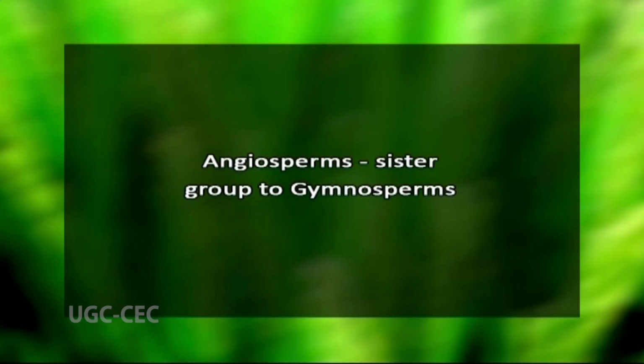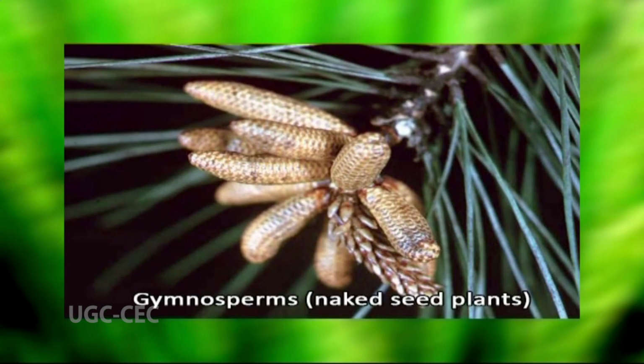At present, the angiosperms are thought to be very closely related to another group of plants called gymnosperms. That's why sometimes we call angiosperms the sister group to the gymnosperms. Gymnosperms are basically plants with naked seeds.